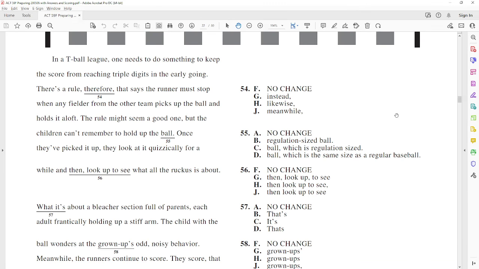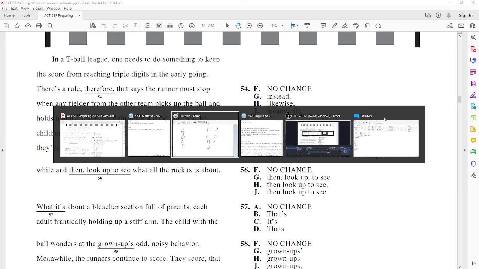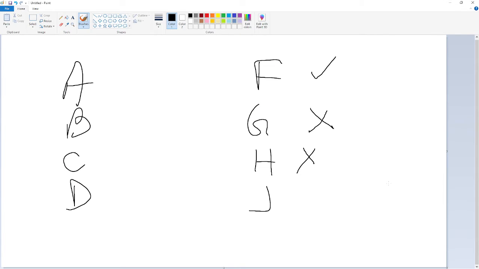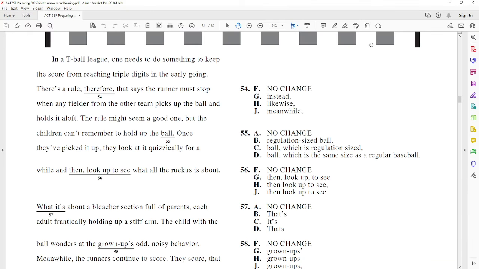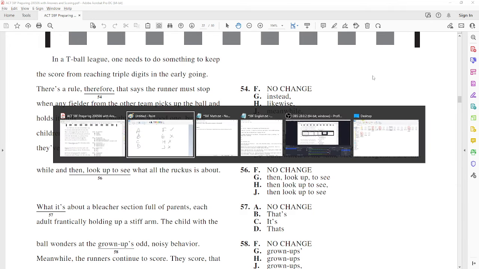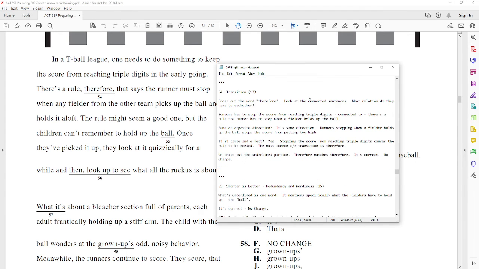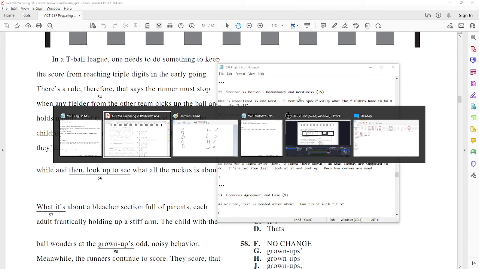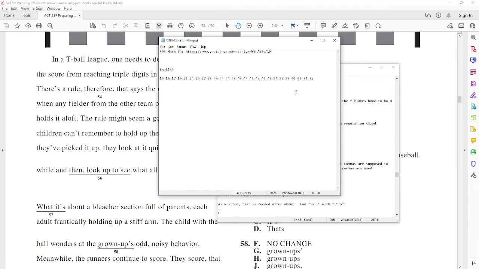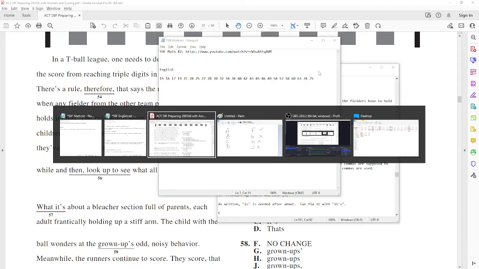And then meanwhile, that means at the same time. Meanwhile could work if you didn't have therefore. But we have therefore, so meanwhile is out. So the answer to 54 is therefore. And 54, better say, transitions, which it does. And then do we have to do 55? No, we do 57. Okay.